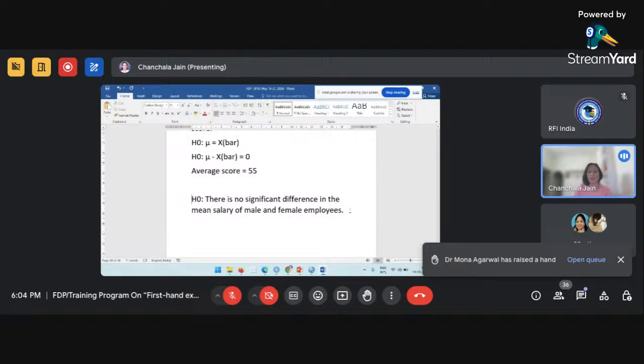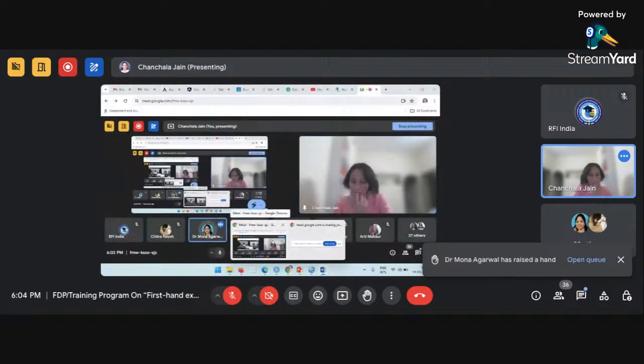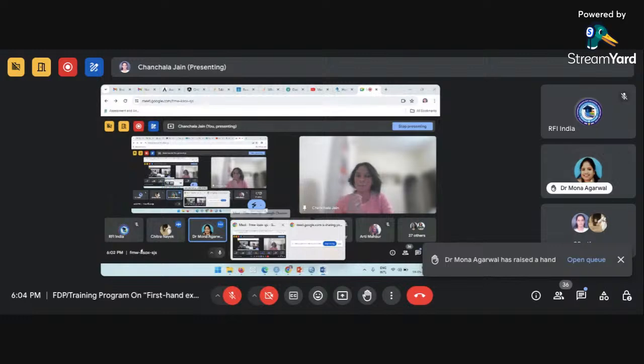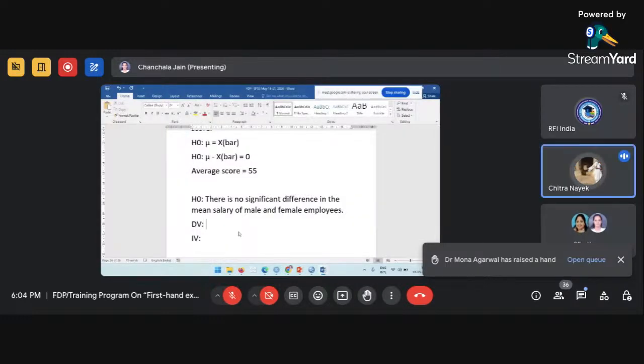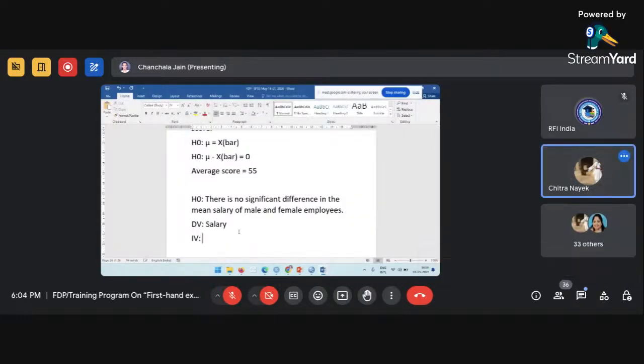Here, can anyone tell me which will be my dependent variable and which will be my independent variable? Ma'am, independent is gender and dependent is salary. Very correct.